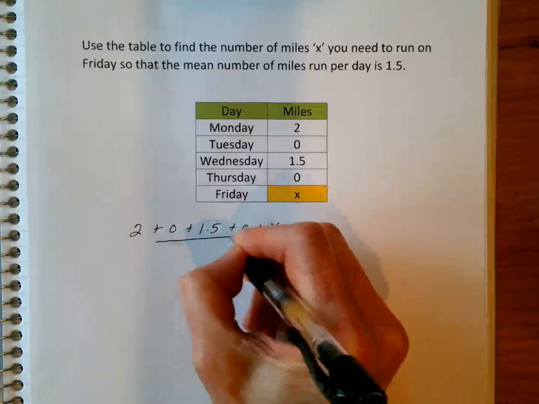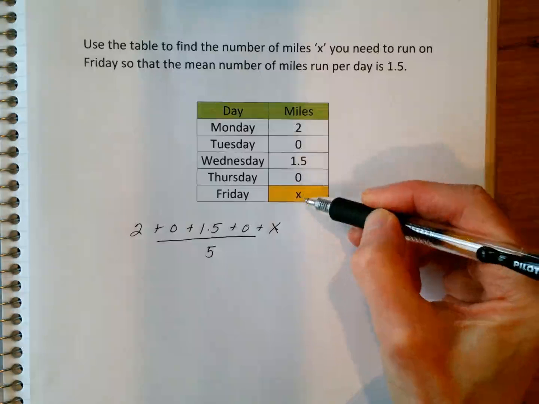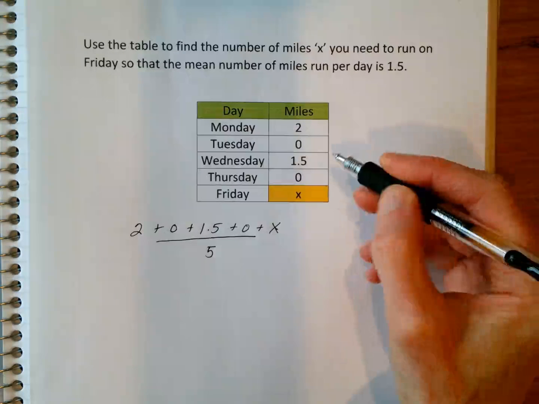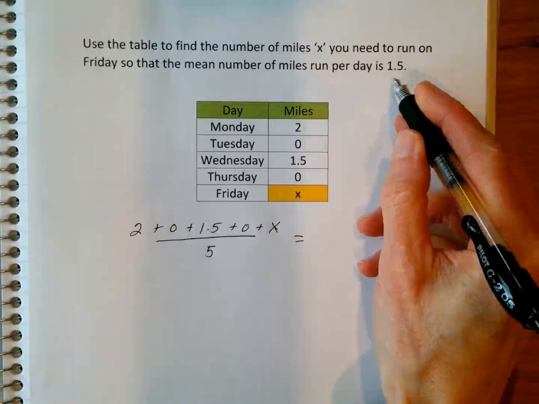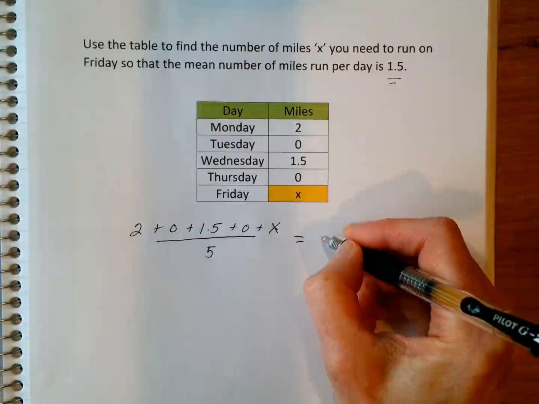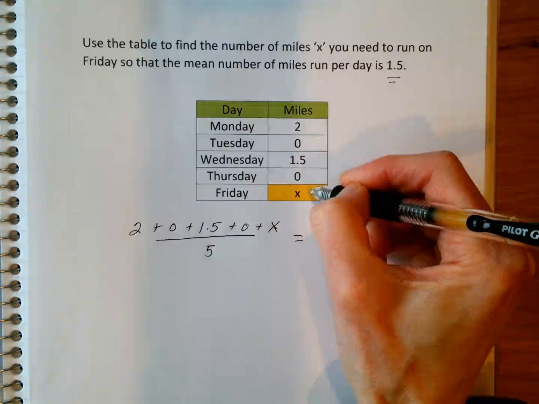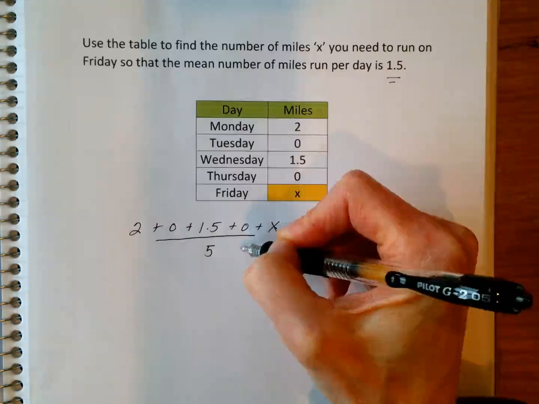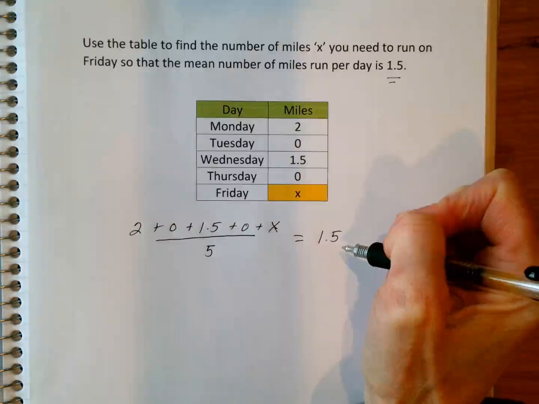Then I'm going to divide all of that by 5. 1, 2, 3, 4, 5 pieces of data. That's the number of values I've got. And all of this is equal to my mean that I am trying to get to, which is 1.5. So add up all the data, divide by the number of data points, and you want this to be equivalent to a mean of 1.5.